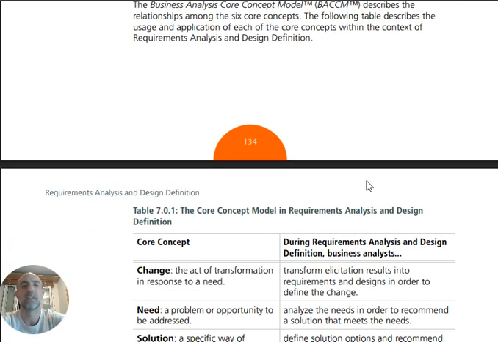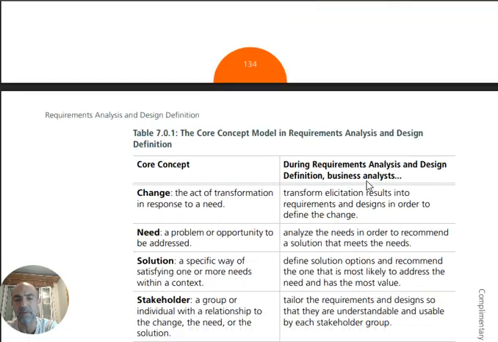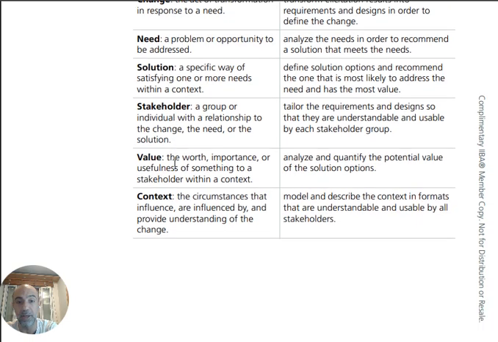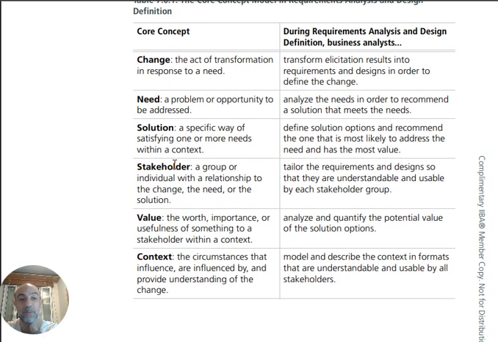At the beginning of every chapter, they always give us this table. Core concept, which is basically change, and during requirements analysis and design definition business analysis. Each chapter or each segment of our approach has change, need, solution, stakeholder, value, and context.